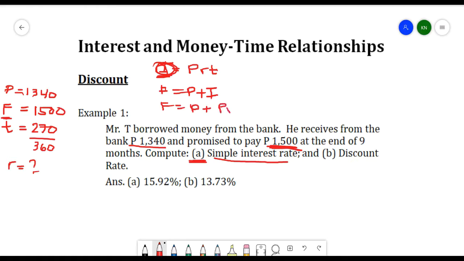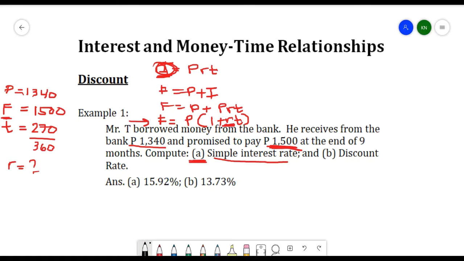Let's factor out our P, so we have P(1 + RT). This is now the formula for us to get the R, or the simple interest rate.